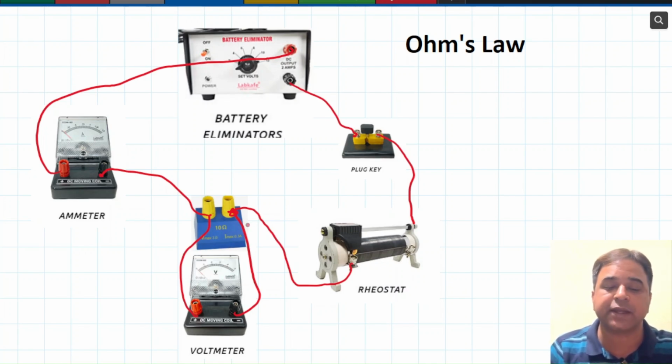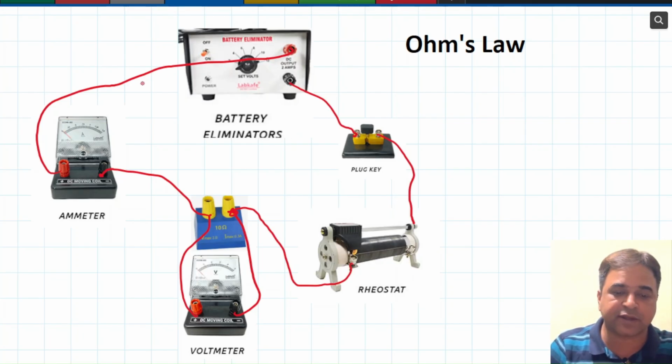Remember that whenever we use ammeter to measure the electric current, how much current is flowing in the circuit, it is always connected in series. While voltmeter, if you want to know how much potential difference is there between these two terminals of this resistance, we are using voltmeter for potential difference. So this is the entire circuit, how it is joined together in Ohm's law.